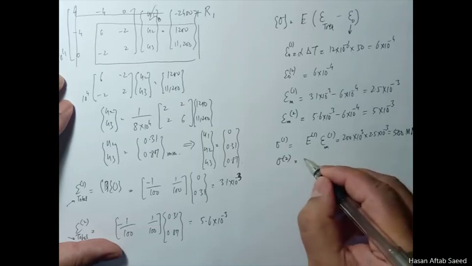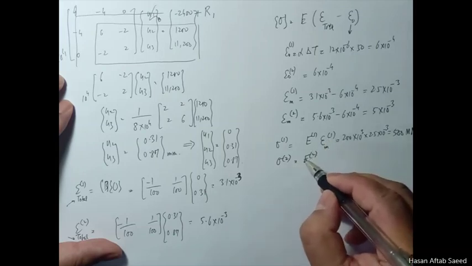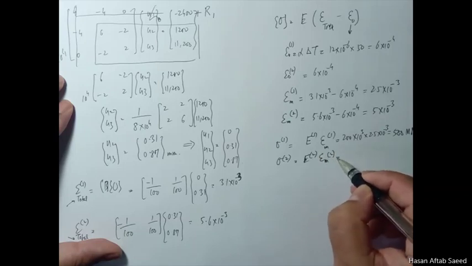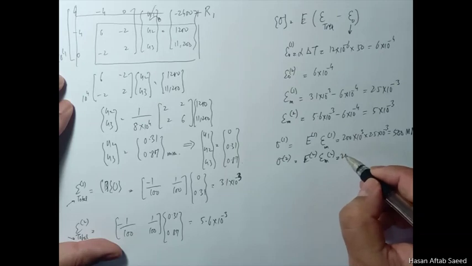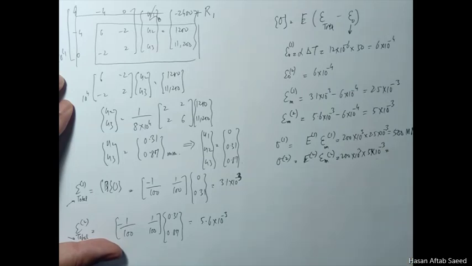Sigma 2 is epsilon 2, which is the same as epsilon 1, but Young's modulus 2, and into the strain 2, 200. This is the same, but this one is different, and this turns out to be 1000 MPa.